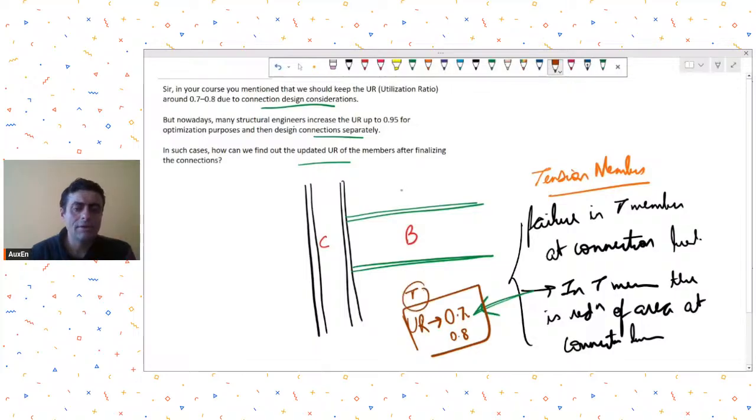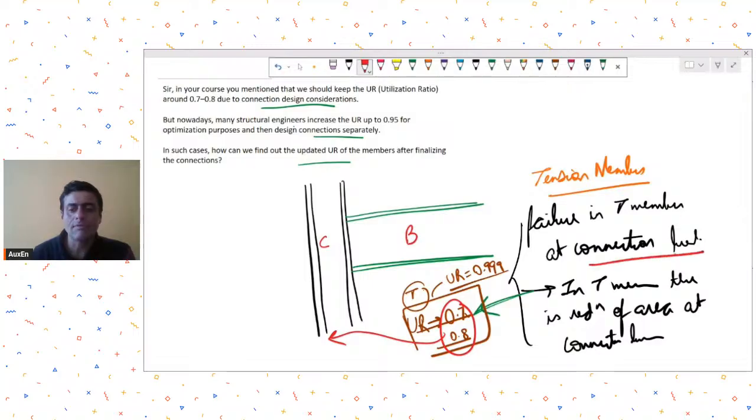Technically, we are allowed to keep a utilization ratio as close as possible to 1, because we want the ratio to be less than 1. But in tension members, I will try to keep a UR of 0.7 to 0.8.